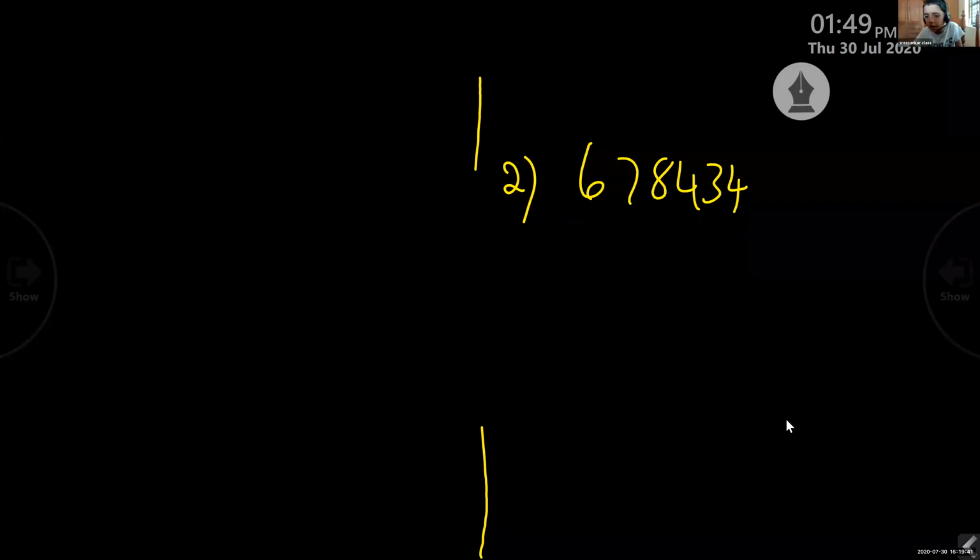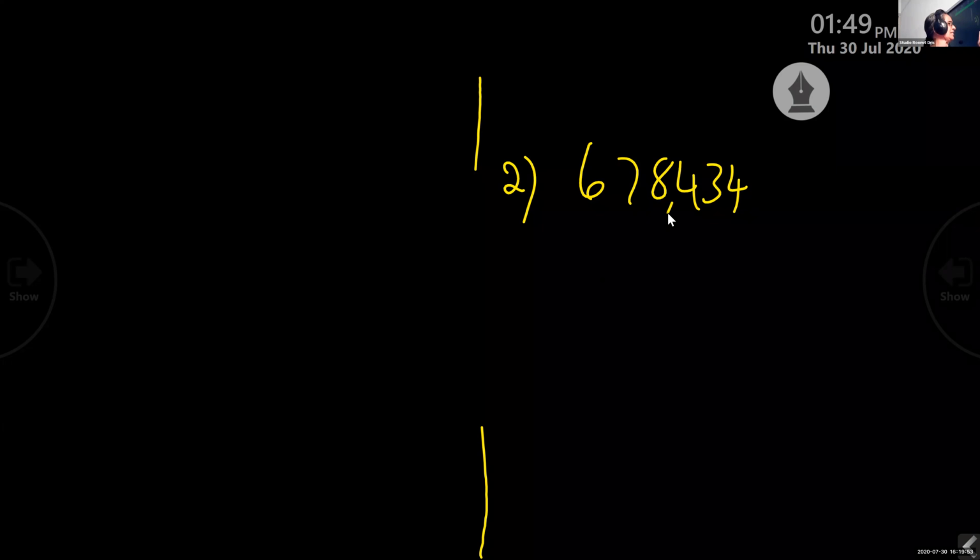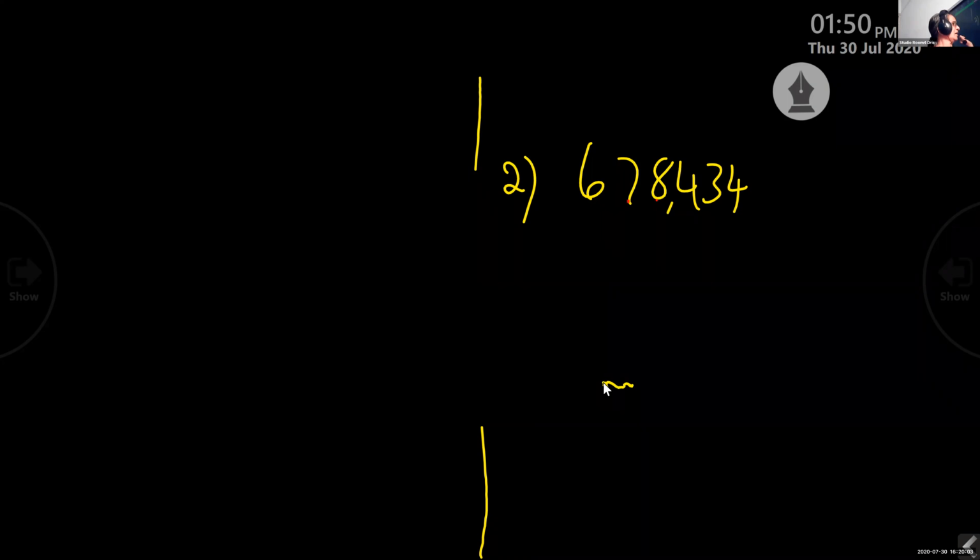Second group is 678. In the International System of Numeration, there is no lakh. 100,000 is the same as 1 lakh. These are 1,000, 10,000, then 100,000.